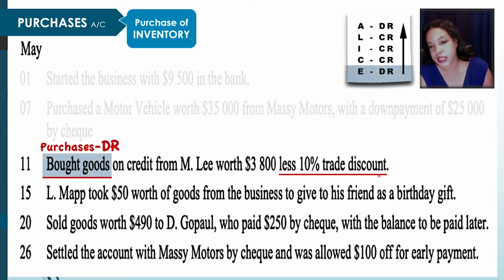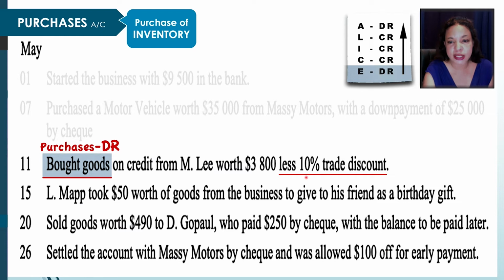But notice the ending here, less a 10% trade discount. Why is this important and why did I emphasize that first? Basically because trade discounts do not go into your accounts.